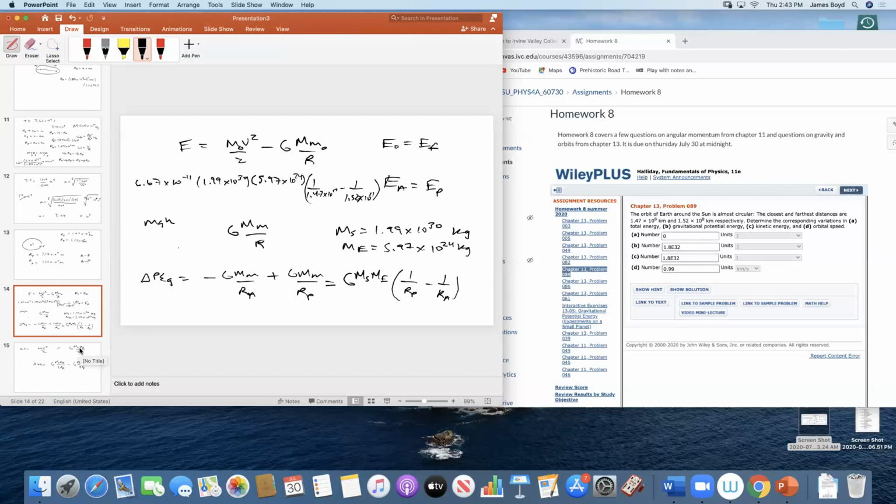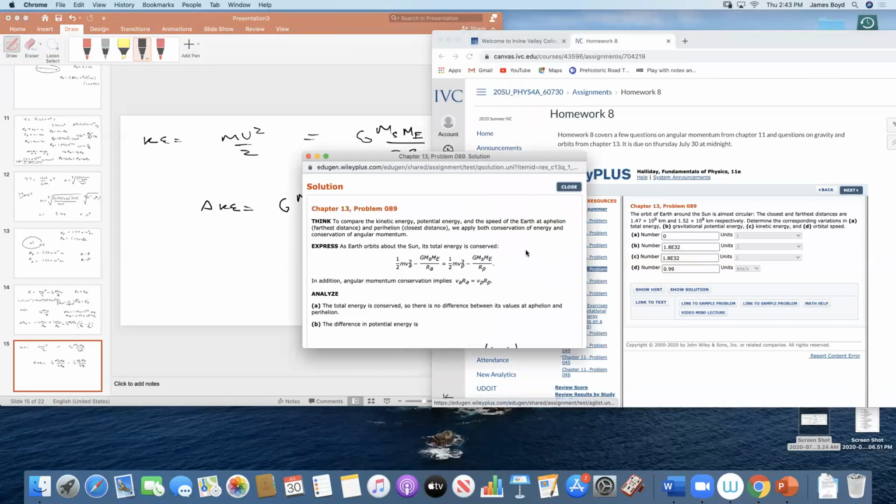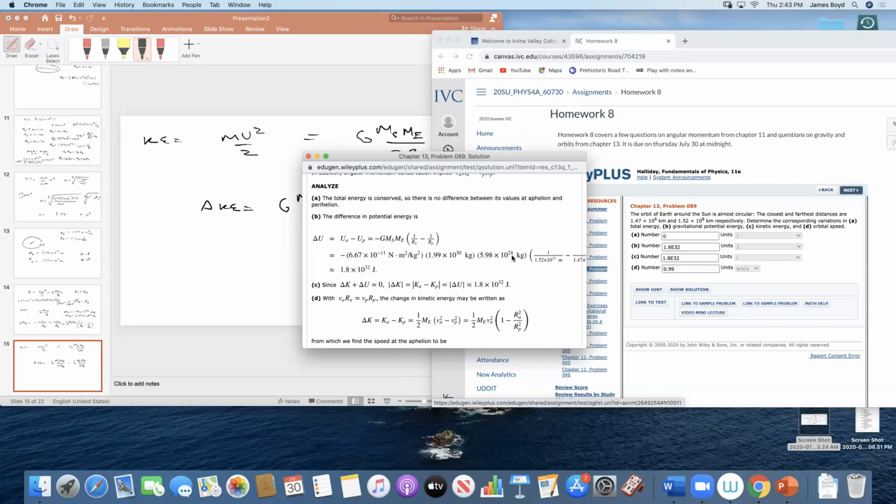As far as that half being in there, what happens to that half? I feel like that half needs to go away. Did they do it this way? Nope, they just said the change in kinetic energy.